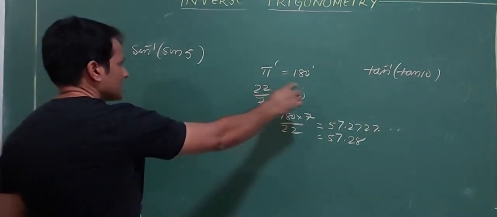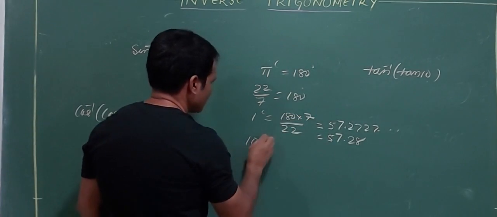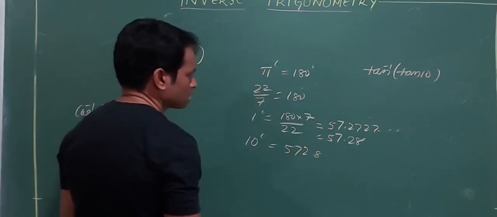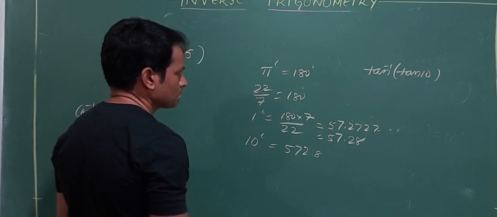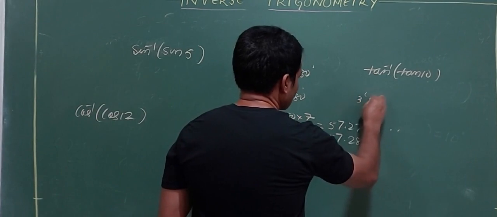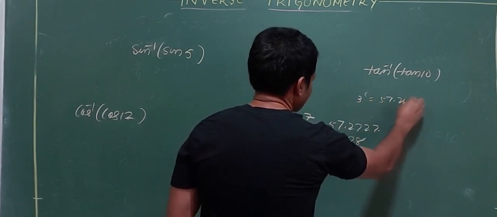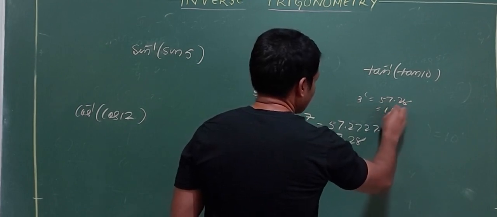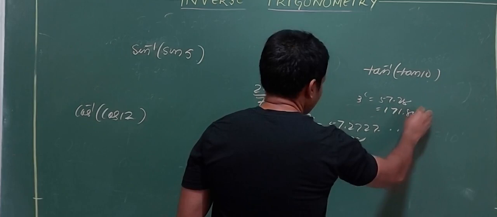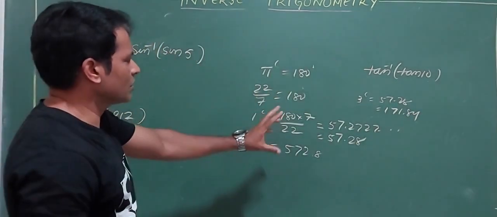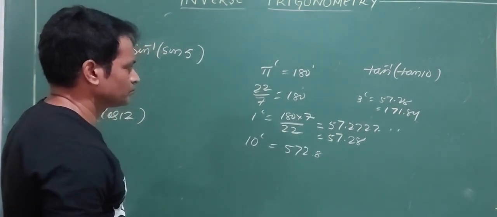Now this is 10 radian. So 10 radian will be 572.8. Alright. If I calculate 3 radian, 57.28 into 3, 171.84 nearly. That means we can calculate all the values this way, whatever you get.